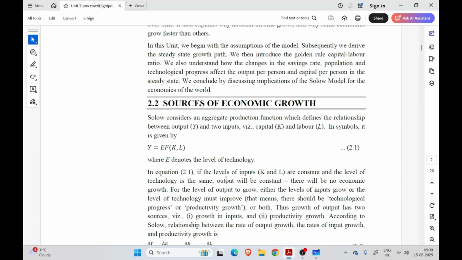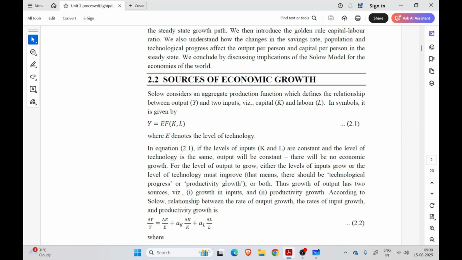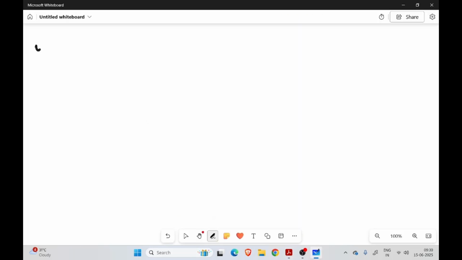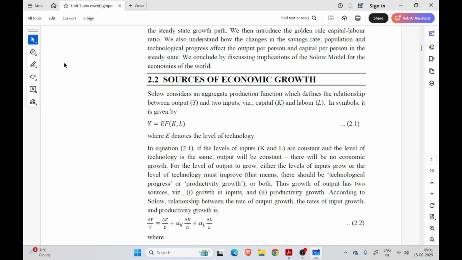Now, let us start with how the model is designed. The production function is given by Y equals E times a function f of K comma L. Here K is the capital, L is the labor, f is the production function which uses capital and labor as input, Y is the output produced via this production function, and E is the level of technology.